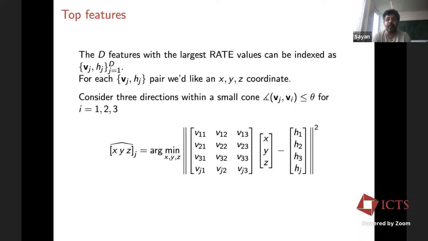Which is given these directions, V11, V12, V13, that's your first direction. Then V21, V22, V23, it's your second direction. Each direction is coordinated by a triple, because we're in 3 space. And then look at these XYZs, right? Try to solve for these XYZs such that you get these heights.